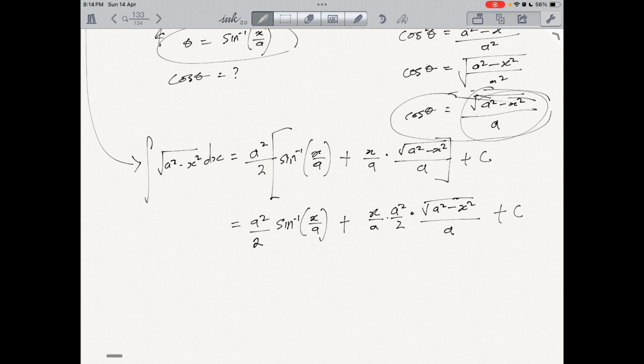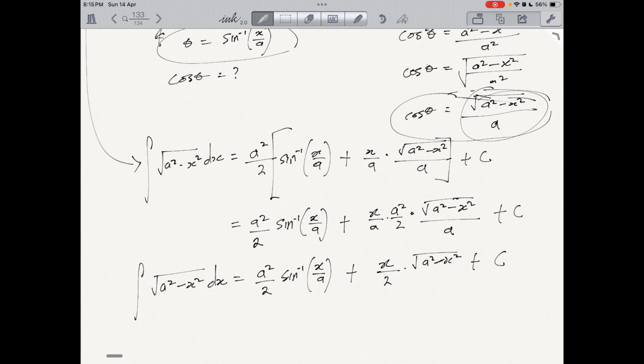And simplifying further, we have a squared over 2 arc sine x over a plus x over 2 multiplied by the square root of a squared minus x squared plus c. Now, we have an expression to solve for this form of integration.